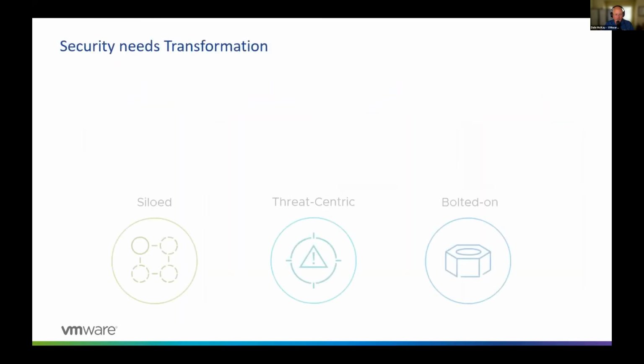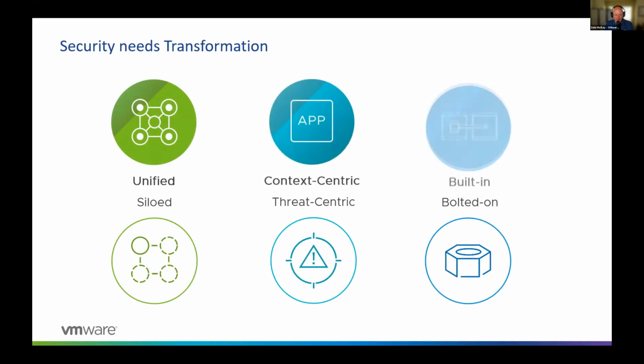So how are we going to transform security? We need to transform it, have it not be siloed, have it be unified, have it be context-centric, and have it feel more built in, like it's part of the product. And when I talk about context-centric, an illustration of what we mean is if I am a system administrator, the fact that I need RDP to different boxes is probably not anything out of the ordinary for me.